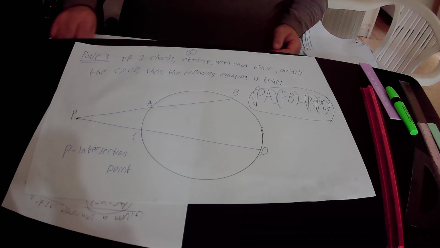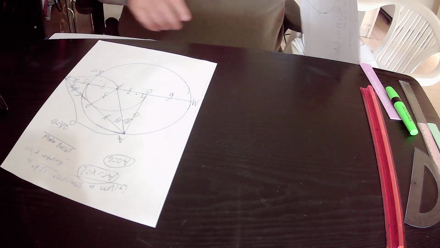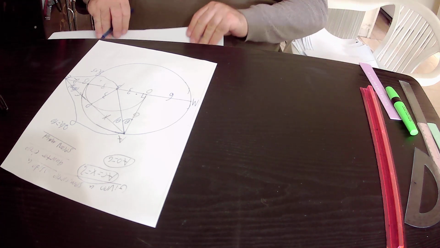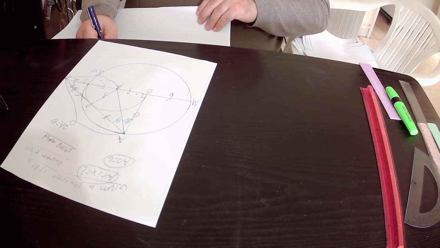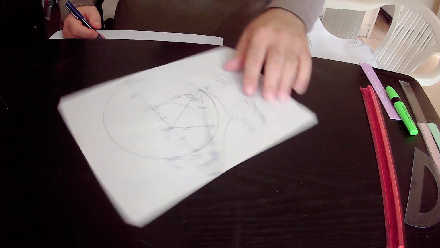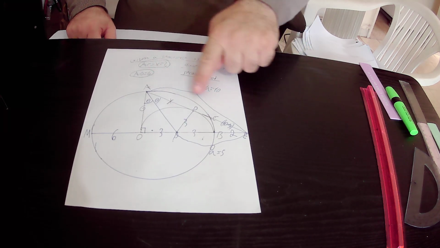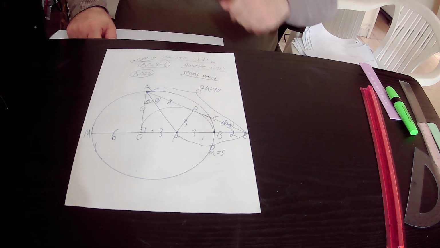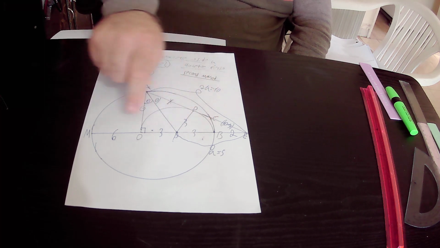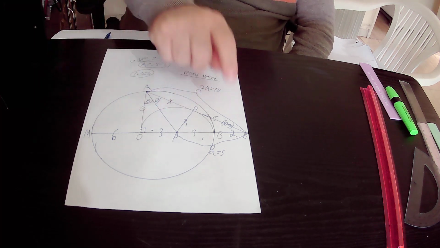So we can implement rule number 3 in our drawing, because in our drawing we have chord AC that intersects with chord MB at point E. Point E is the intersection point of chord AC with chord MB.